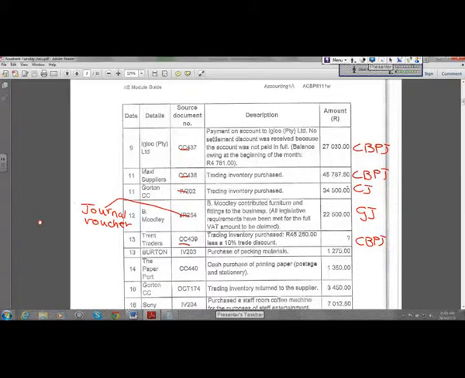So the business bought the goods at 46,250. But you see, they say the business got a discount of 10%.